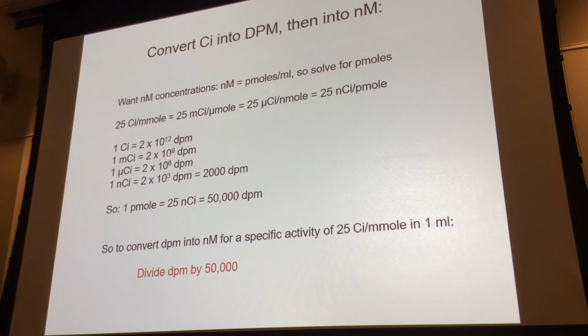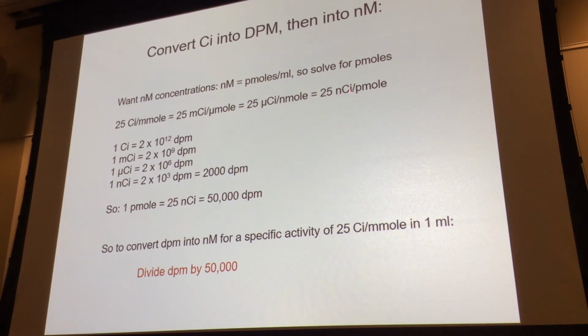So there's nothing complicated about this. A curie is 2 times 10 to the 12th DPMs. A millicurie is 10 to the 9th. Microcurie is 10 to the 6th. A nanocurie is 2 times 10 to the 3rd. Well now, I don't need exponents anymore, okay? 2 times 10 to the 3rd is just 2,000 DPM. That's easy.